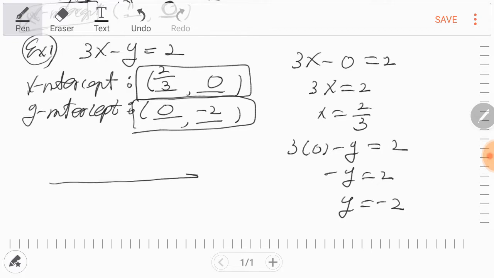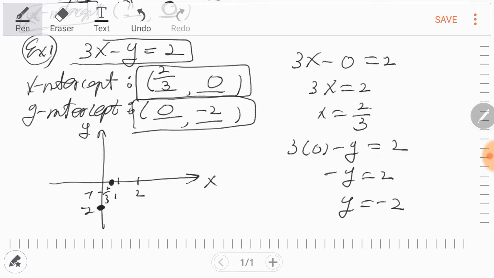If you plot the x-intercept and the y-intercept, the x-intercept is x equals 2/3 over here, and y equals 0. The y-intercept is x equals 0, y is -2.